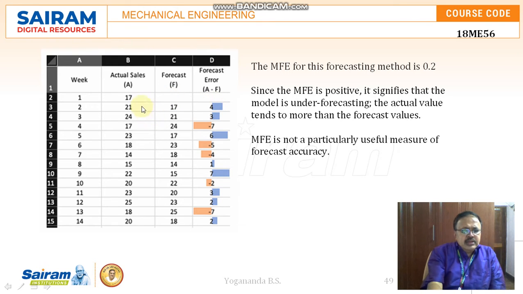Then taking the second week, the actual sales is 21 but it is predicted as 17, so the difference is 4. Now 24 minus 21 is 3. Now 17 minus 24 is minus 7. So here I have some positive values and some negative values.